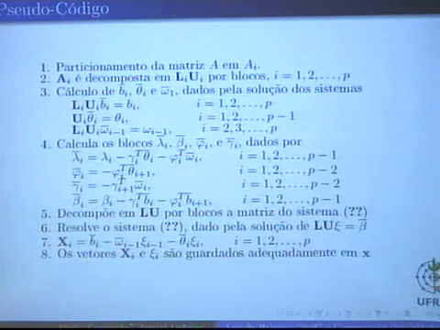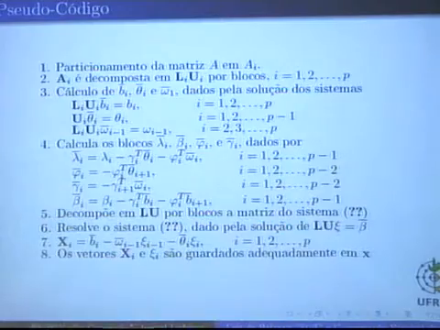The vectors xi are stored adequately in X, and you get this equation. This scales well. The proposal here is to use multi-core computers, because you can perform this implementation more easily, but you can use also MPI.